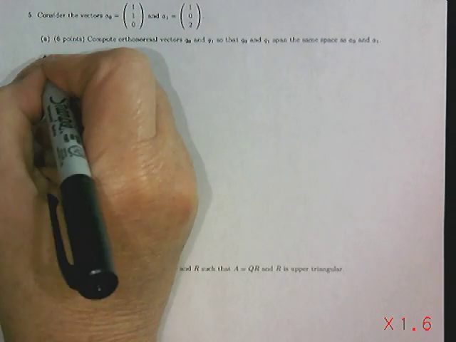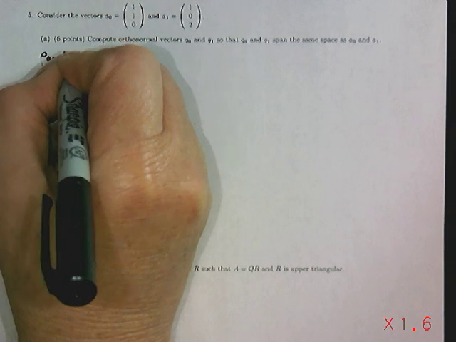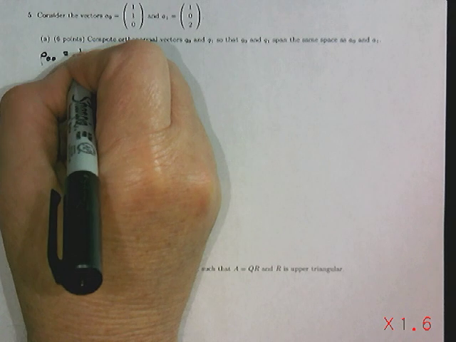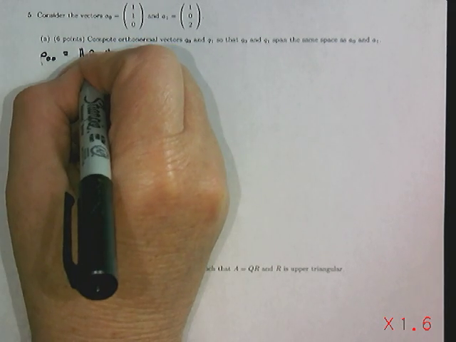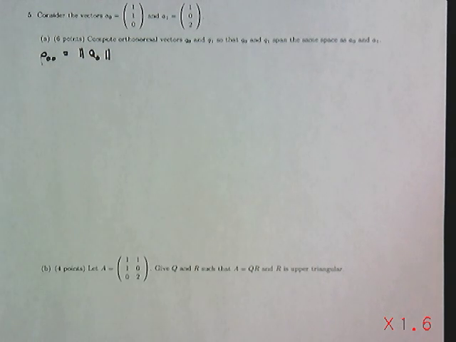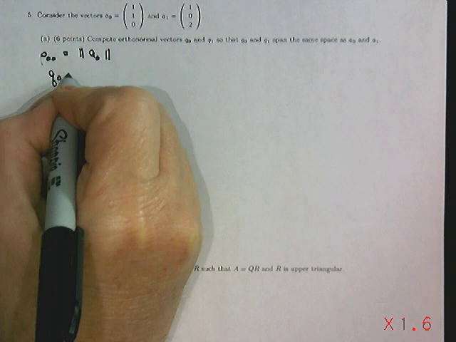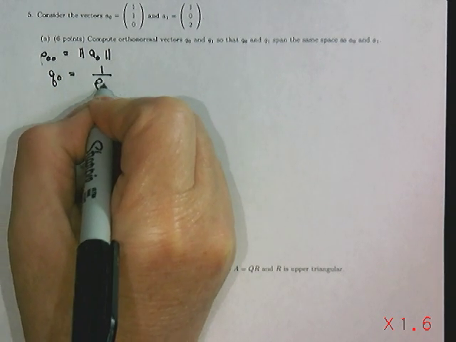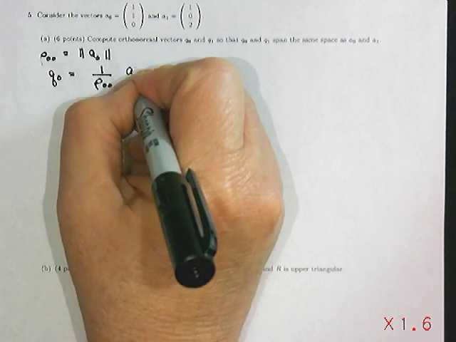The first thing we usually do is find rho sub 0, 0, which is actually the length of a sub 0. And then what we do to find q sub 0 is we take 1 over rho sub 0, 0 times a sub 0.